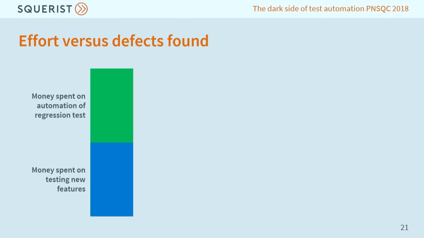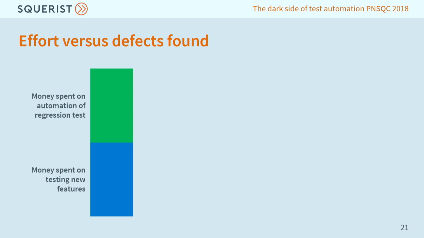But if I see agile teams, I see them spending a lot of money on test automation. The testers have to make the test design, then they have to program it, and even developers within the team have to program also. So we have some time left to test new features because we are spending a lot of time on test automation, which could be a good thing.